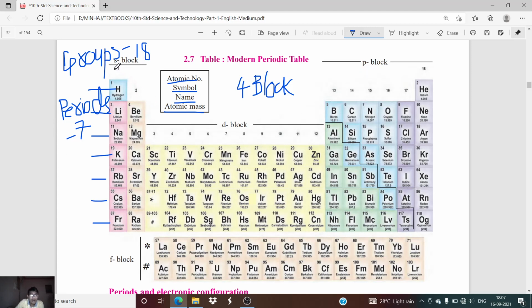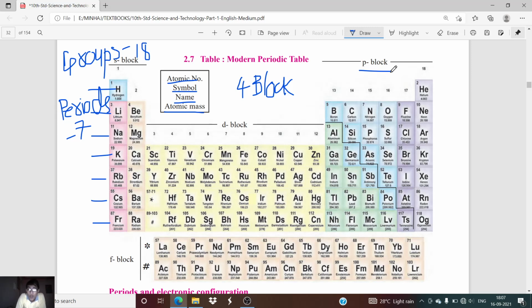S block is nothing but the elements from group 1 and group 2. Then elements from group 3 to group 12 are in D block, and elements from group 13 to group 18 are in P block.